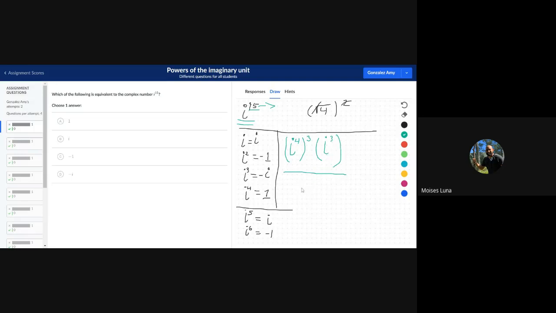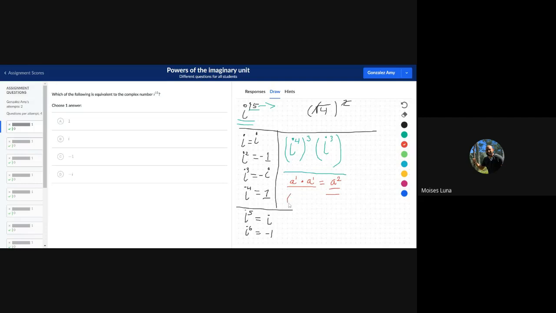You need to remember from algebra 1 that whenever you multiply two letters, say a times a, what you are really doing is adding the exponents. 1 plus 1 equals 2. Whenever you multiply, you add the exponents.